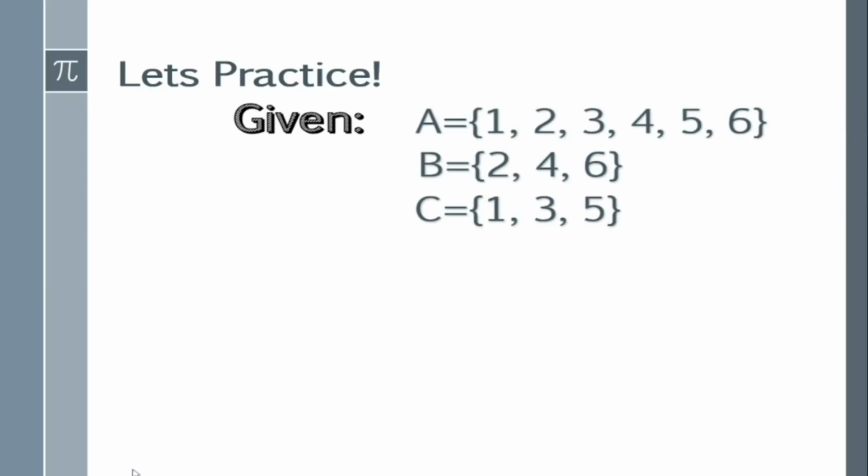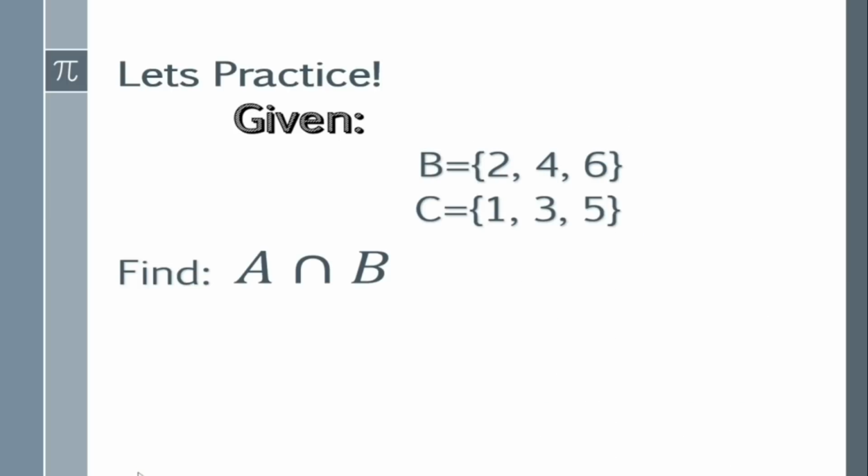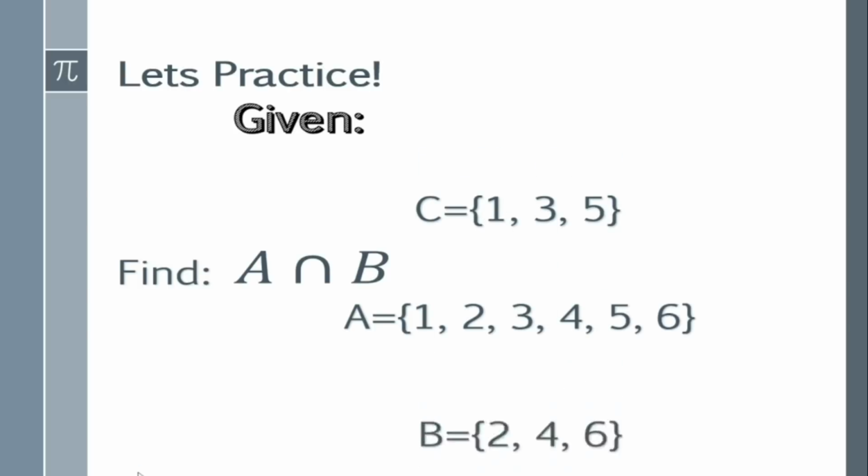Okay? Let's try to answer this activity. Suppose the given are the following. Set A contains the element 1, 2, 3, 4, 5, and 6. And for set B, we have the elements 2, 4, and 6. For set C, we have the elements 1, 3, and 5. Let's say we are going to find A intersection B. Remember, class, that our A contains the element 1, 2, 3, 4, 5, and 6.